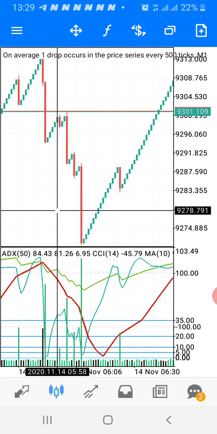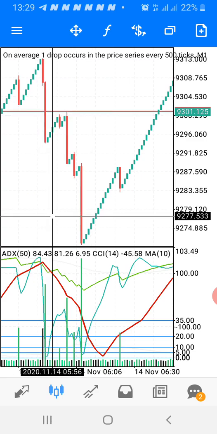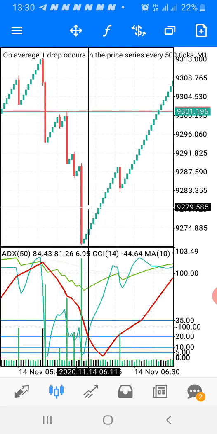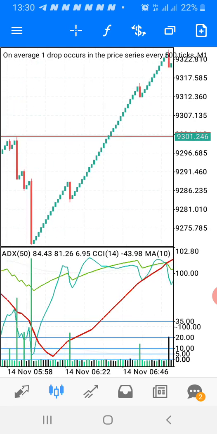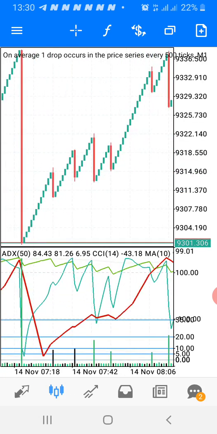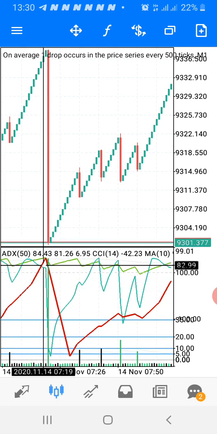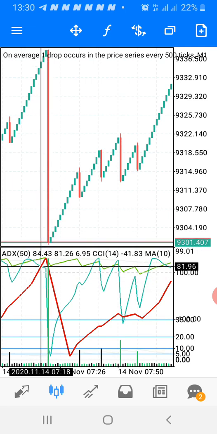You see, you expect another spike, and this is it. So this is how to catch spikes in crash and boom. So let's check more. Okay, you see this, the moving average crosses this dark green line.